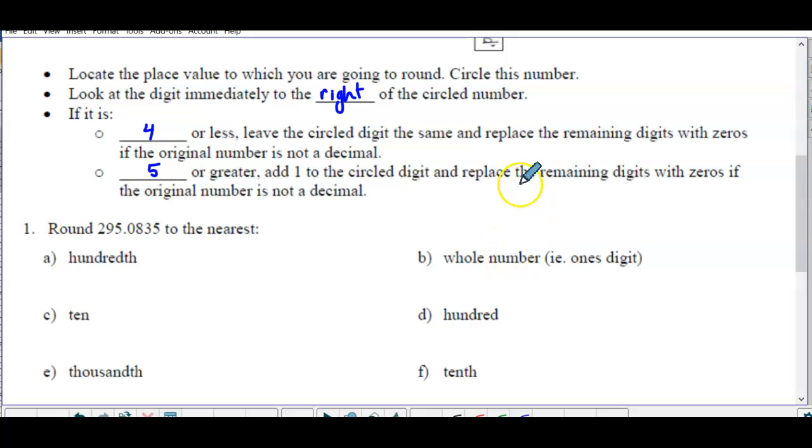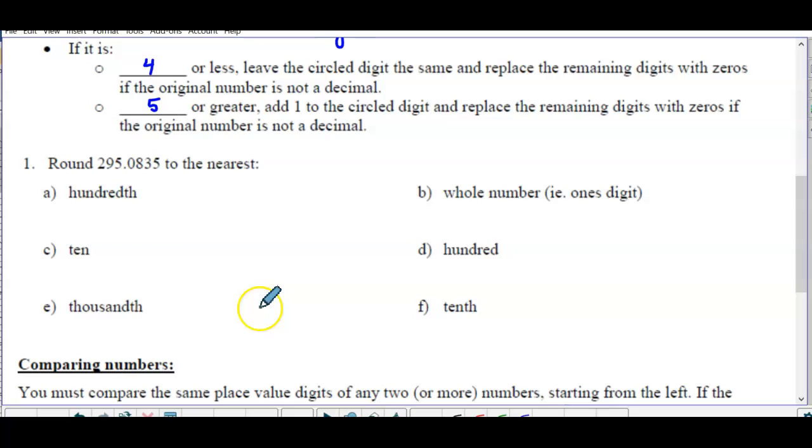Okay, so round this to each of the place values listed. Nearest hundredth, so hundredth is the 8 there, so circle it and then look at the 3 afterwards. The 3 is 4 or less, so it does not move the 8 at all.